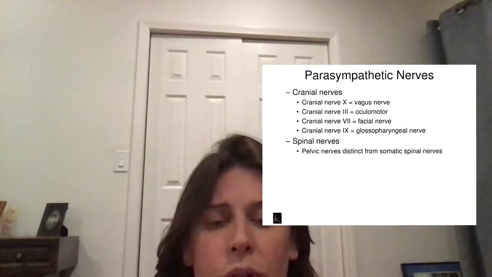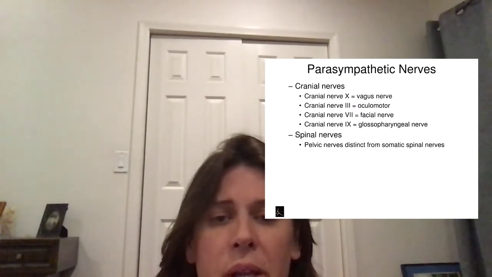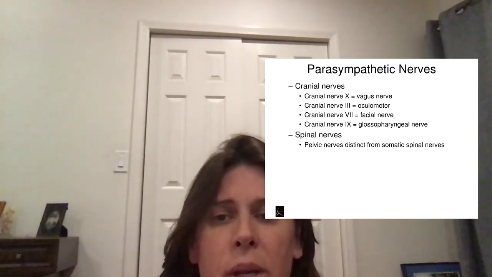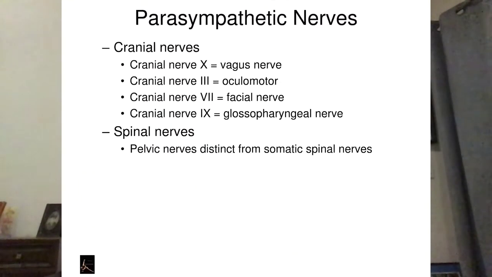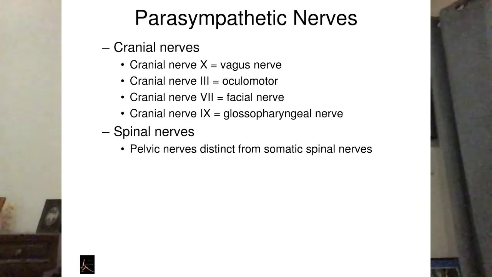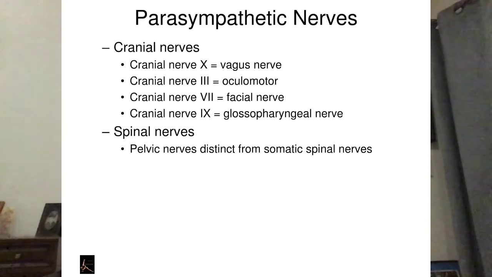You've already learned about some of the parasympathetic nerves if you've been in anatomy. The cranial nerves associated with the parasympathetic division are just these: cranial nerve 10, which is the vagus nerve; cranial nerve 3, which is your oculomotor nerve; cranial nerve 7, which is your facial nerve; and cranial nerve 9, which is your glossopharyngeal nerve.